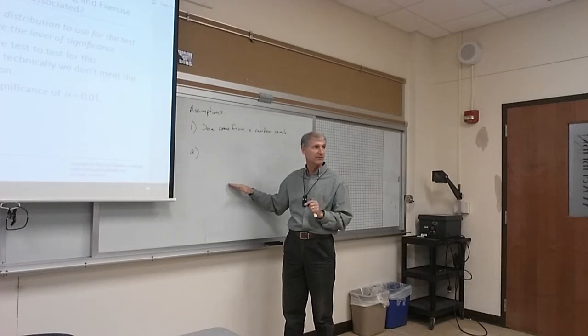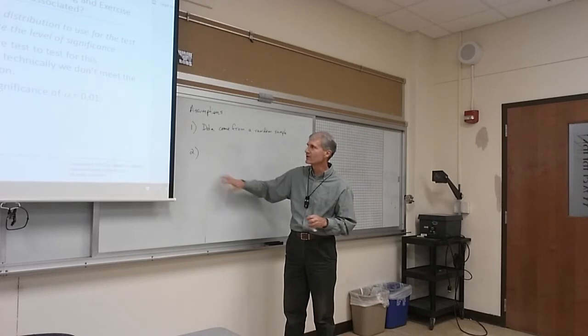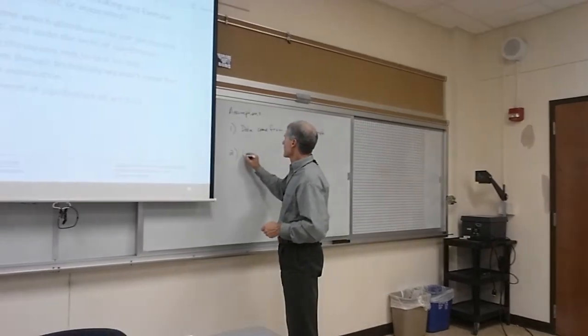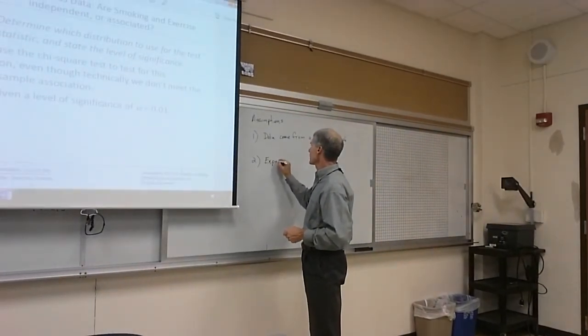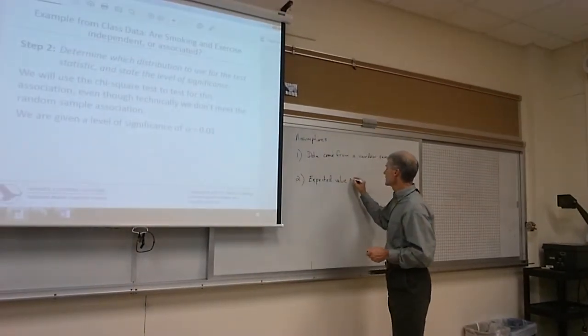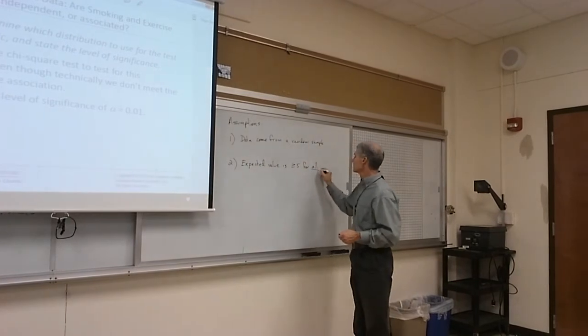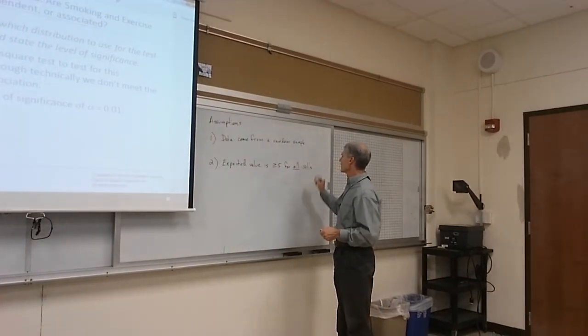Expected values have to be 5. And then in the other row, 5. So every cell has to have an expected value of at least 5. Expected value is greater than or equal to 5 for all cells of the table.